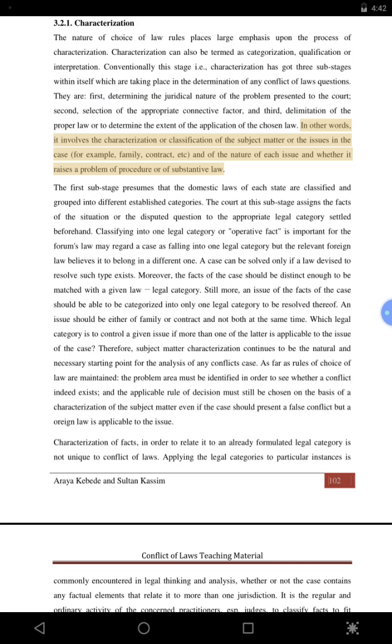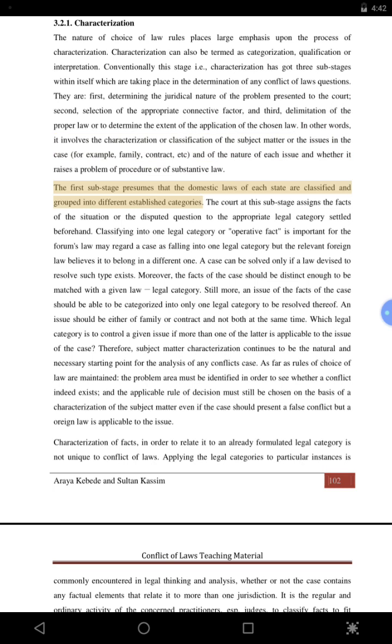In other words, it involves the characterization or classification of the subject matter or the issues in the case, for example, family, contract, etc., and of the nature of each issue and whether it raises a problem of procedure or of substantive law.